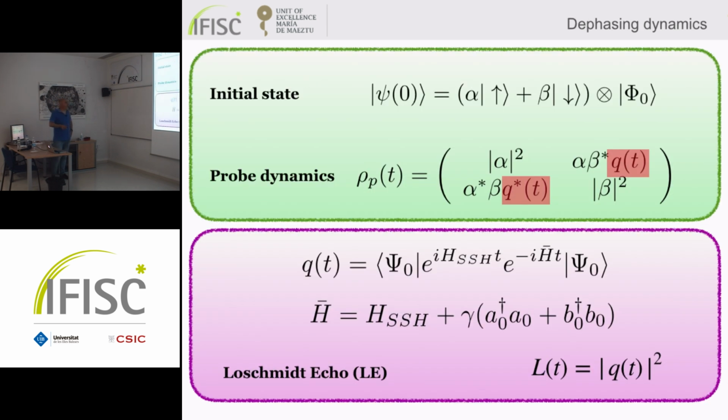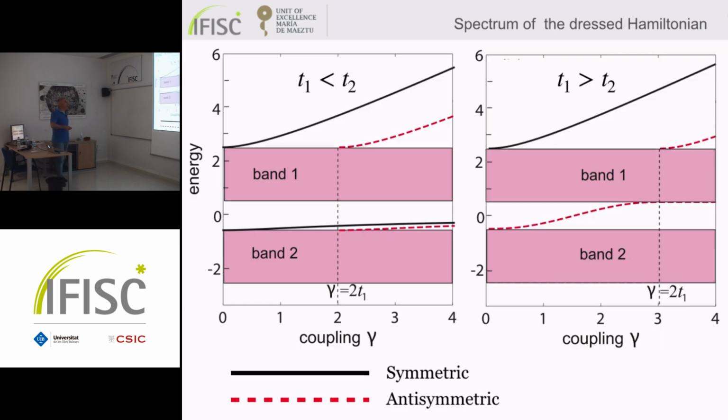So if you want to solve this problem, you need to study the characteristics of this Hamiltonian. And this is what we did. We studied the eigenvalues, and we found that if the number of sites is big enough, you still have the two bands that you had in the original model without defect, plus some levels that are outside the band.